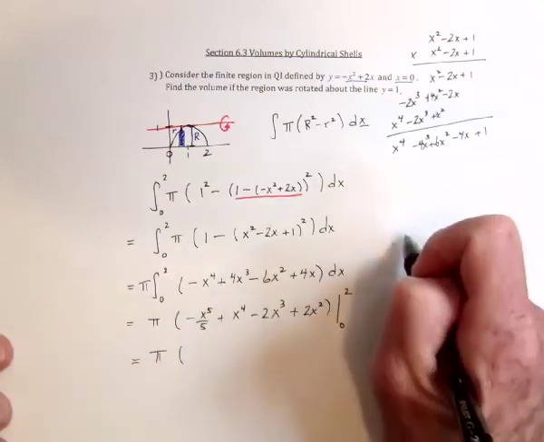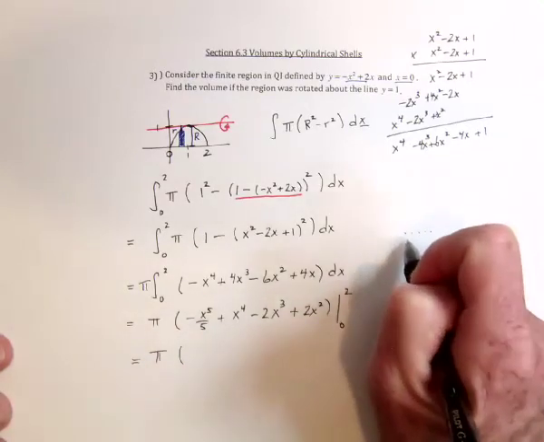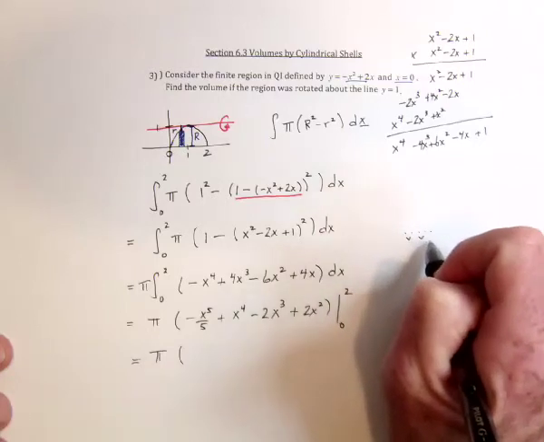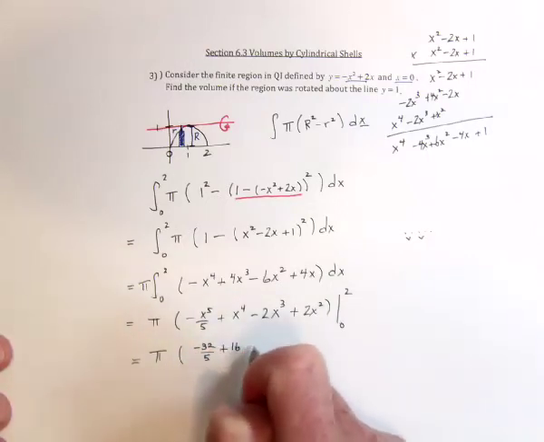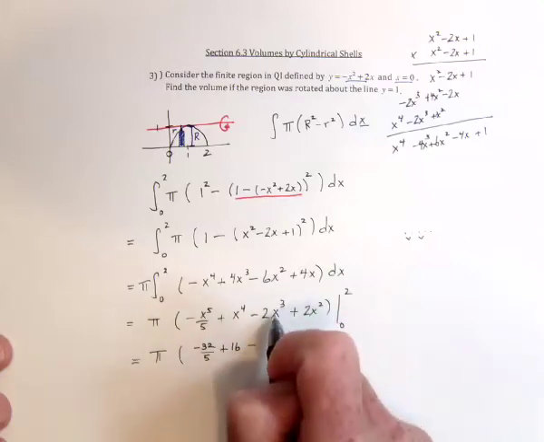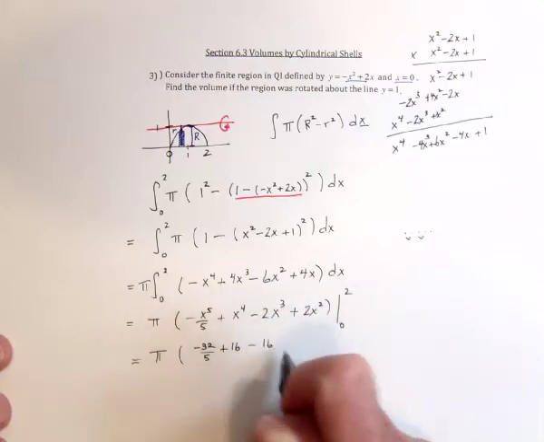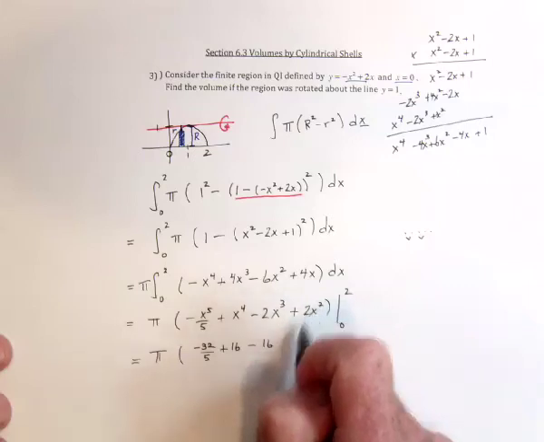So 2 to the 5th, 1, 2, 3, 4, 5 of them, that would be a 4, and a 4 makes 16, times 2 is 32. So negative 32 over 5 plus 16 minus, this would be 8 times 2 is 16. And this would be 4 times 2 is 8.